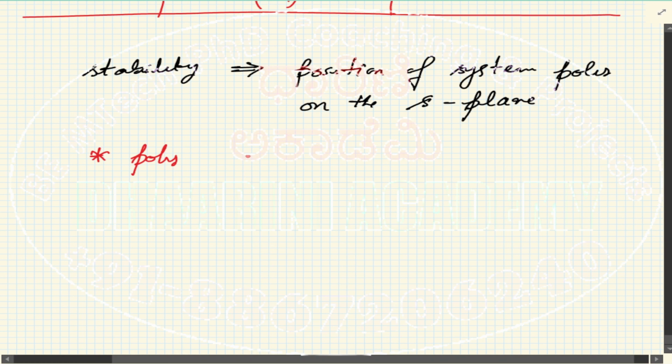Poles on the LHS, left hand side of the S plane, the system is said to be stable. Whereas if we find that the poles of the system are on the right hand side of the S plane, the system becomes unstable.